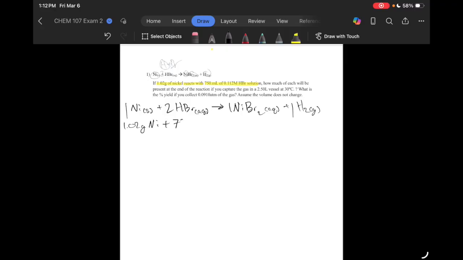So these are going to react, and it's asking us how much of each will be present at the end of the reaction.